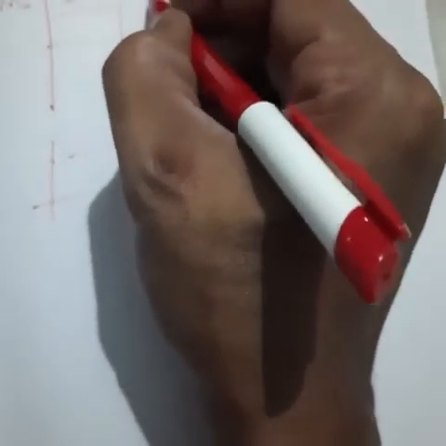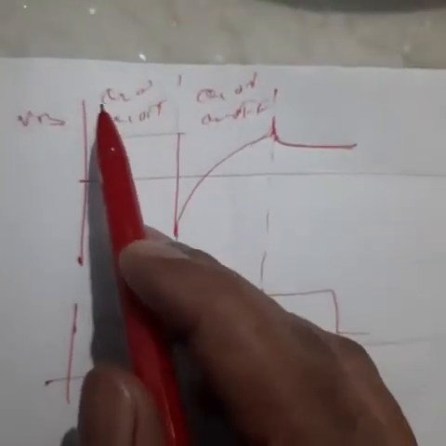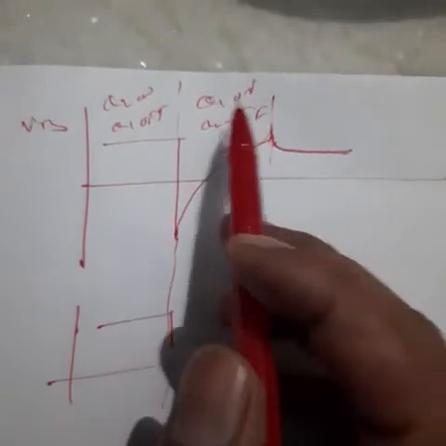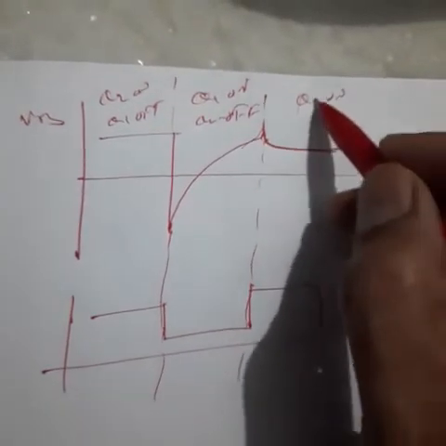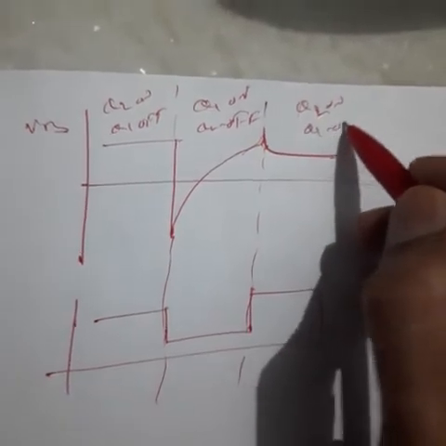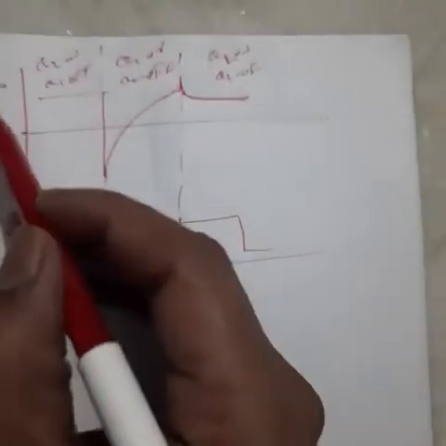In this case, Q1 on, Q2 off. First cycle Q2 on, Q1 off. Second cycle Q1 on, Q2 off. Next cycle Q2 on, Q1 off. This process will continue. This is the input of Q2.